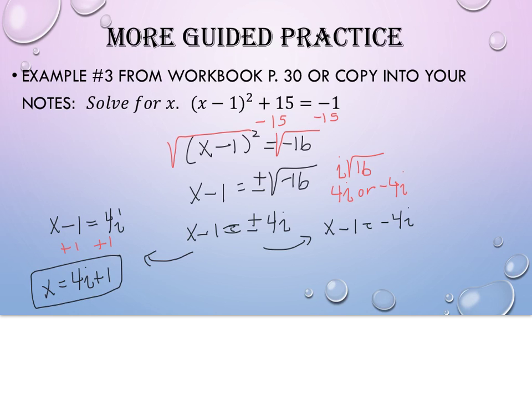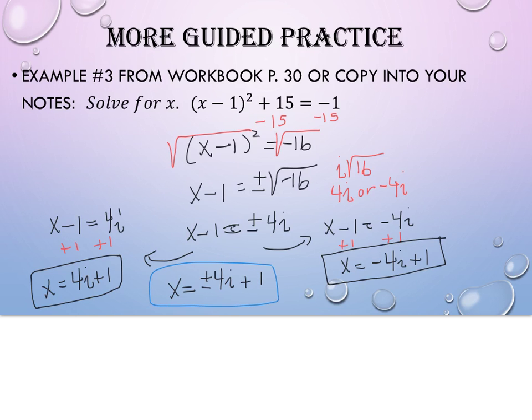Remember, you cannot combine i's and 1's because one is a constant and the other one's an imaginary. So if I add 1 to these two, I would get x equals negative 4i plus 1. Now if you wanted to put them together, you could say x is plus or minus 4i plus 1. So either one would be great.